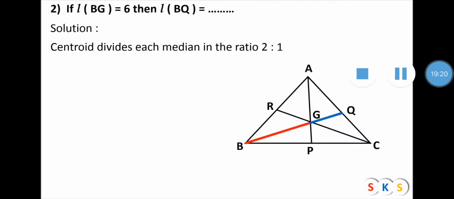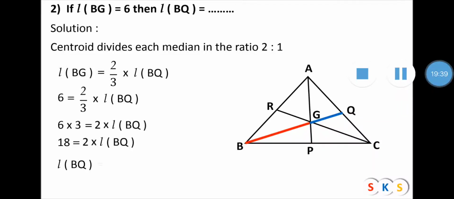So let's start. Length of BG upon length of BQ is equal to 2 upon 3. Therefore, length of BG is 6, equals 2 upon 3 into length of BQ.